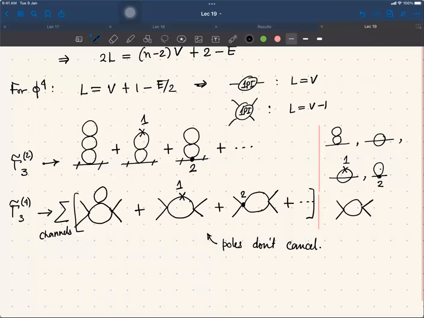So a new vertex will have to be added at this level, which we will call 3. It's a lambda cube, equivalent to a 2 loop vertex. And because of that, it will induce another diagram in gamma tilde 2, as we have seen in the previous level.